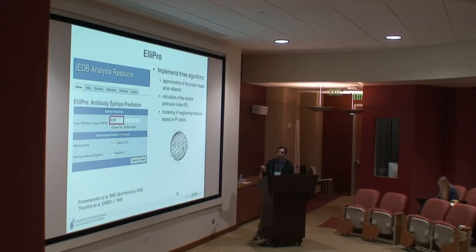So again, the input formats are pretty much the same. You provide a PDB ID, or input or upload a PDB file. I would recommend you keep the defaults unless you actually want to play around with these cutoffs. And if you want more information on these, I will be happy to provide you with that.